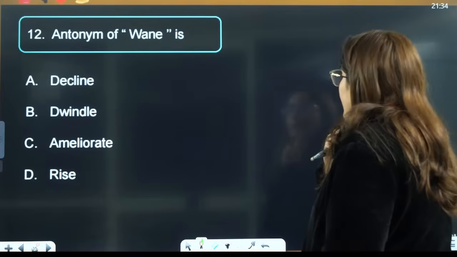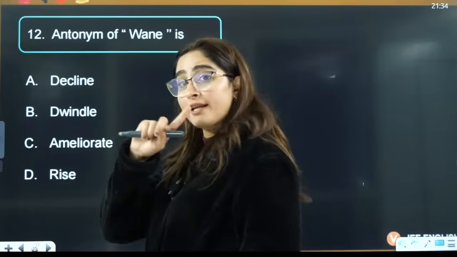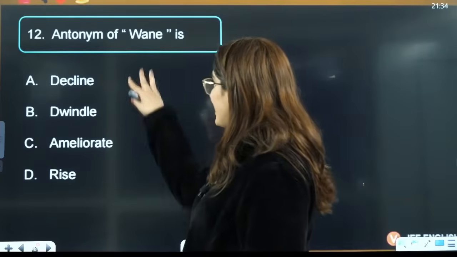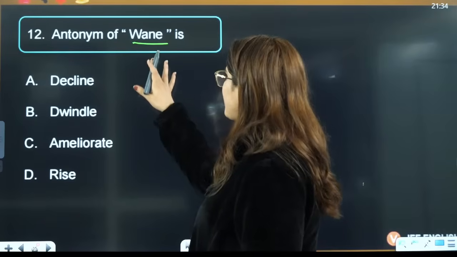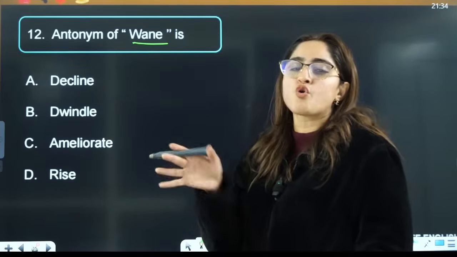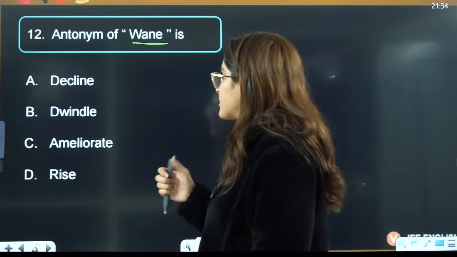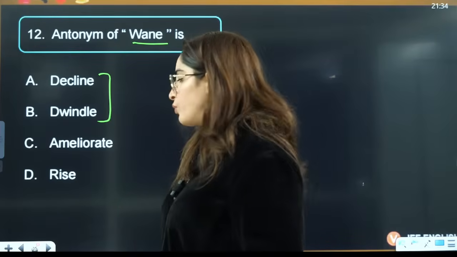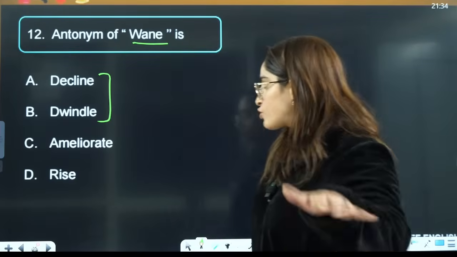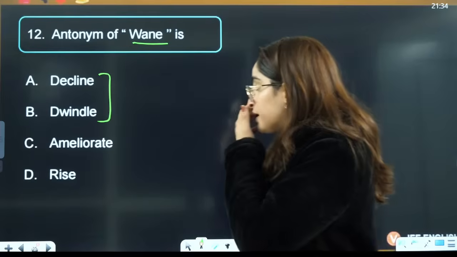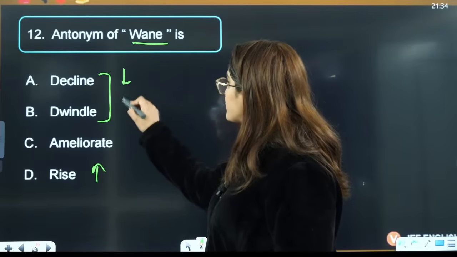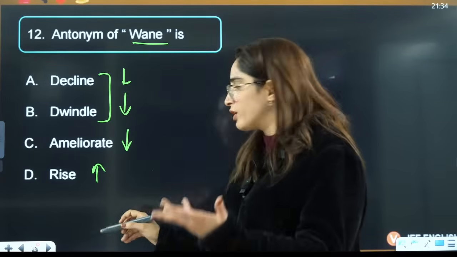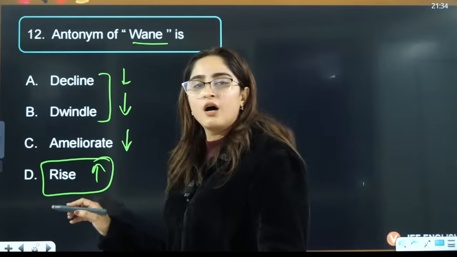I am also giving you guesswork here. I am telling you how to solve these questions even if you don't know. Wane usually means down, but if you don't know the answer, how do you answer? Dwindle means going down, declining is also going down. Rise means going up. This also means going down, so this must be going down only, because then this will be the opposite one.